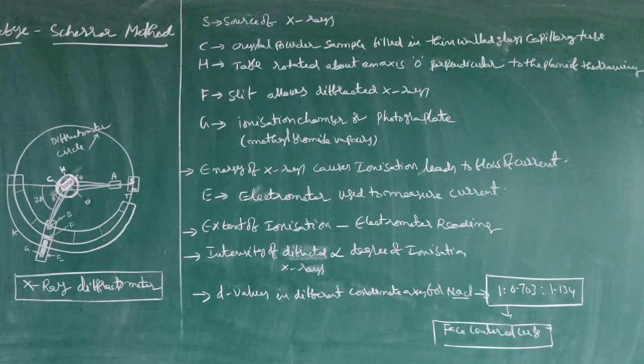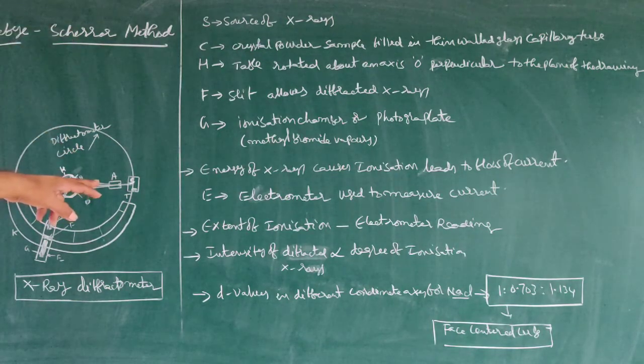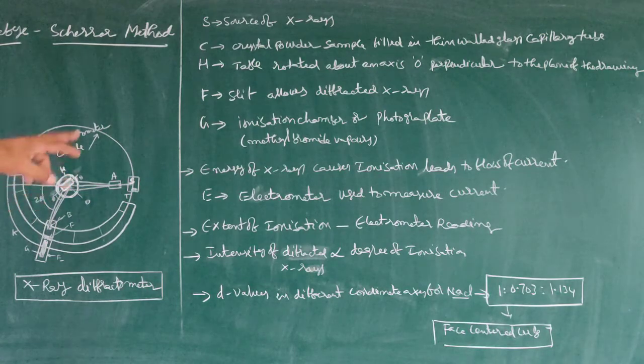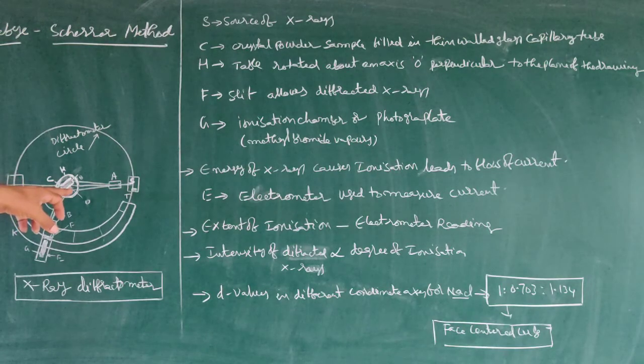Next, this is the Debye-Scherrer method. In this method, S represents the source of X-rays. C is the crystal powder sample filled in a thin walled glass capillary tube.